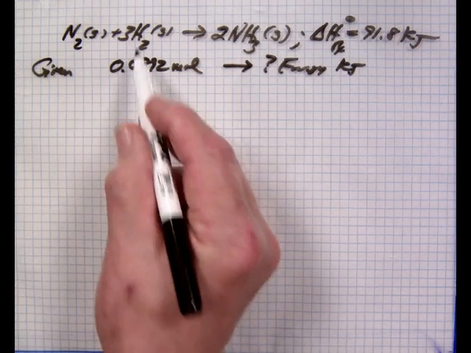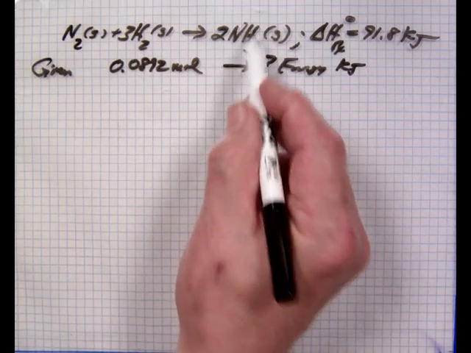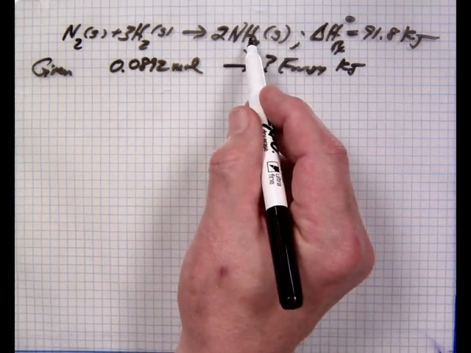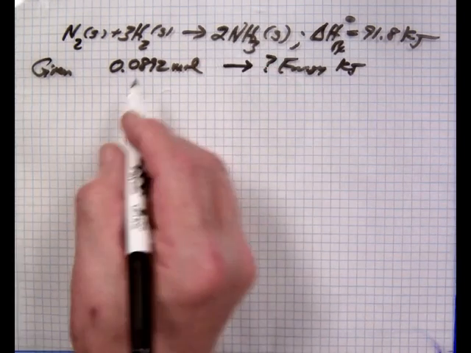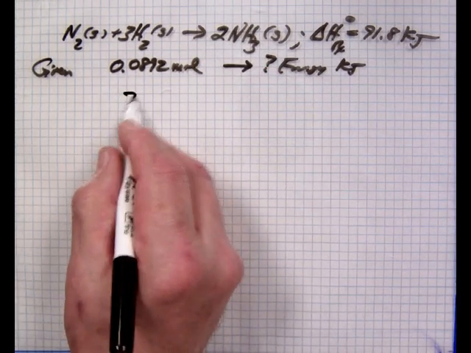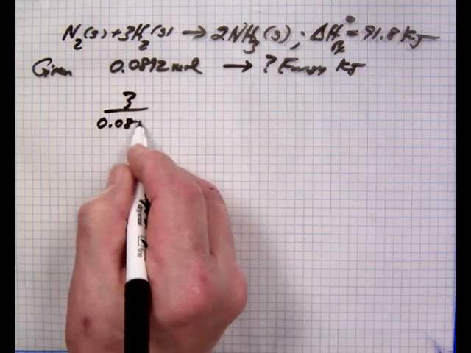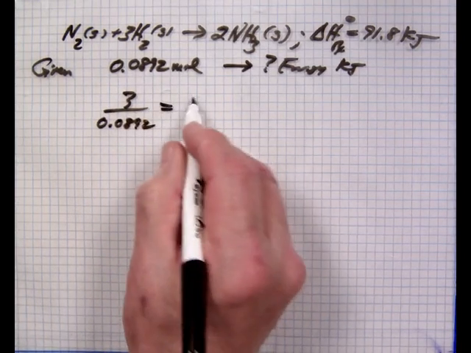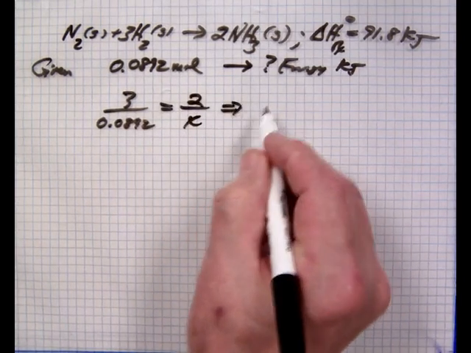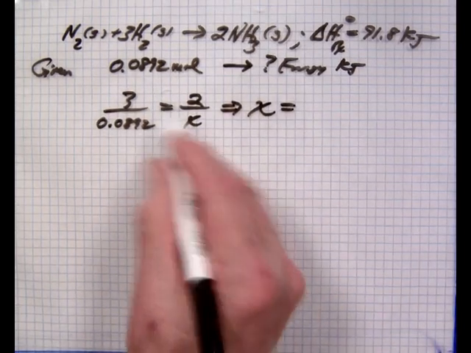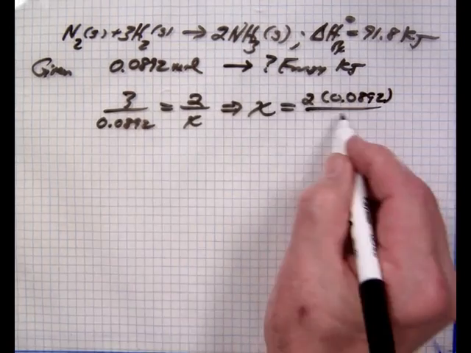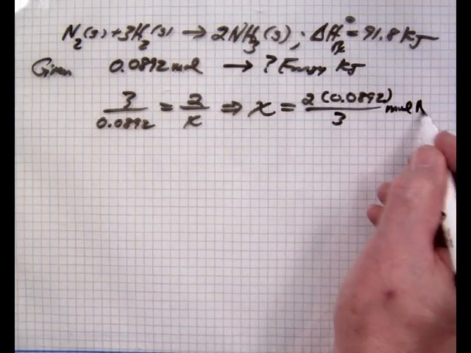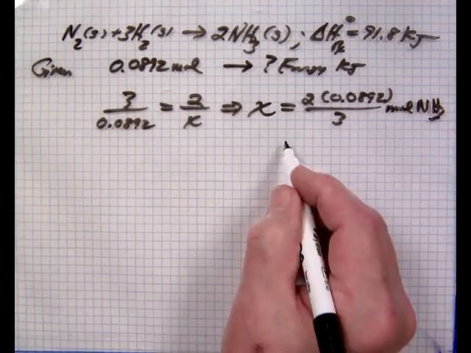We have so many moles of hydrogen reacting to produce 2 moles of NH3. Well, might as well figure the NH3. So 3 is to 0.0892 as 2 is to X, and X is 2 times 0.0892 divided by 3 mole of ammonia produced.